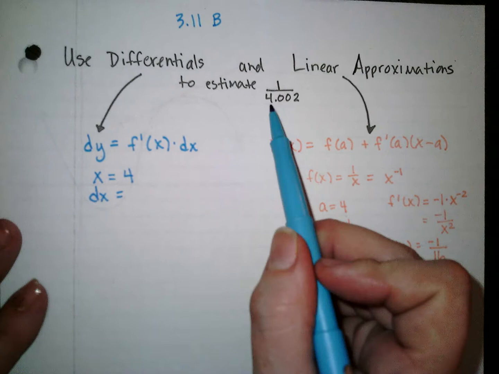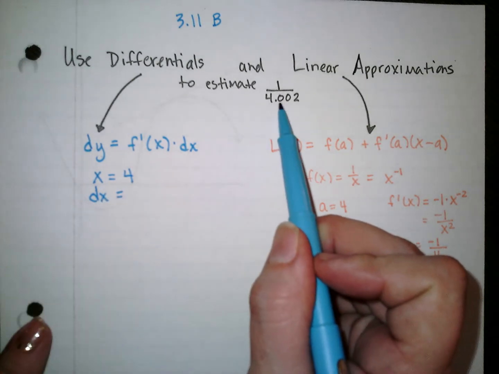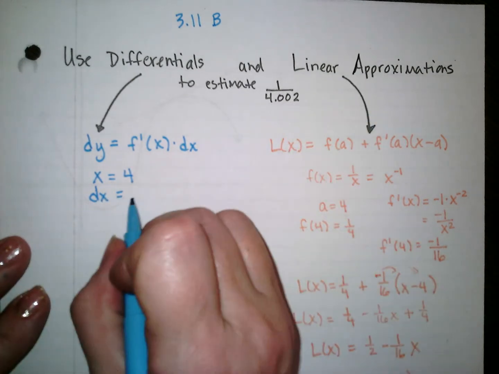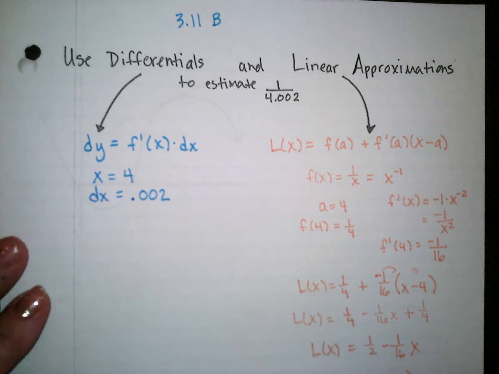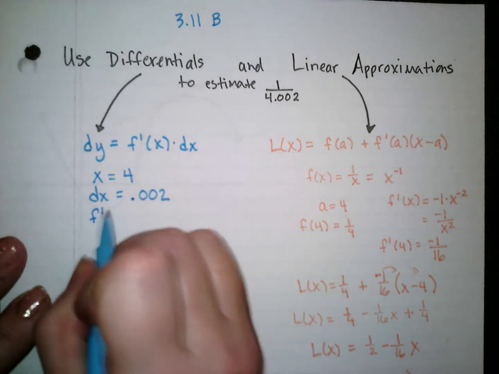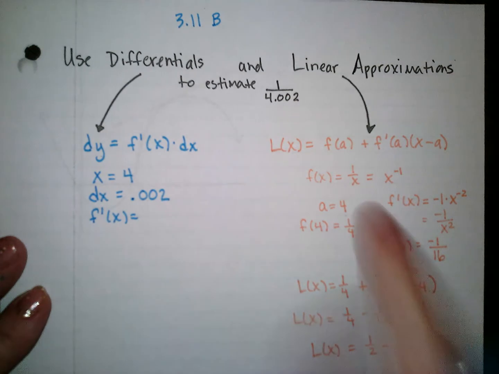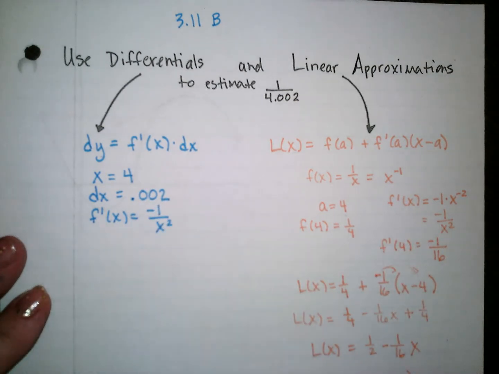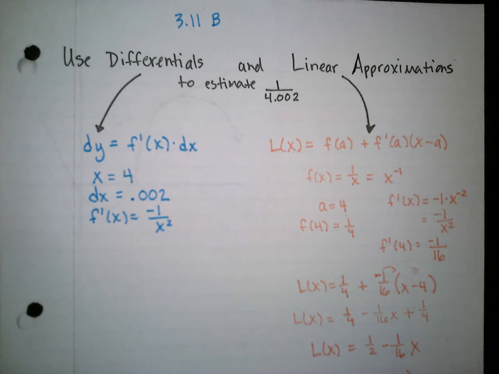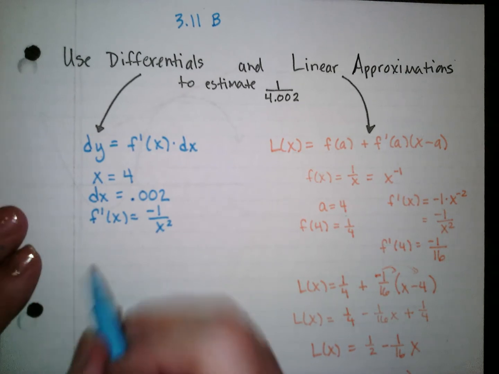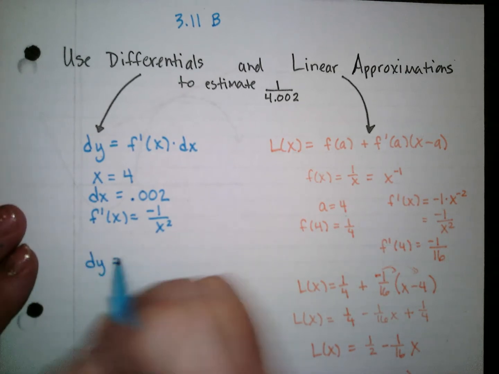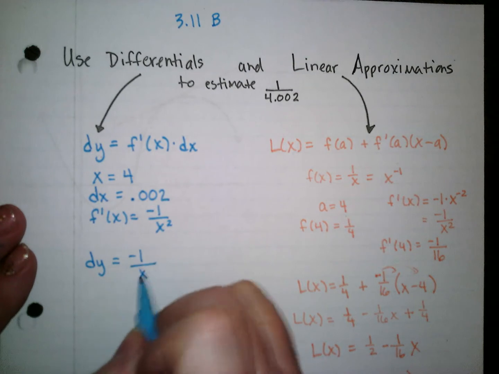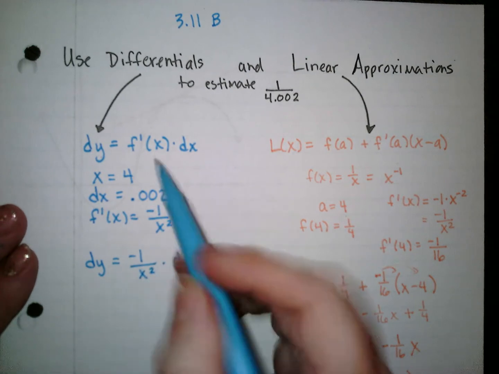So the amount of change from 4 would be 0.002, and it's positive because it's larger than 4. And then we already know f prime of x, because we just did that, would be negative 1 over x squared.